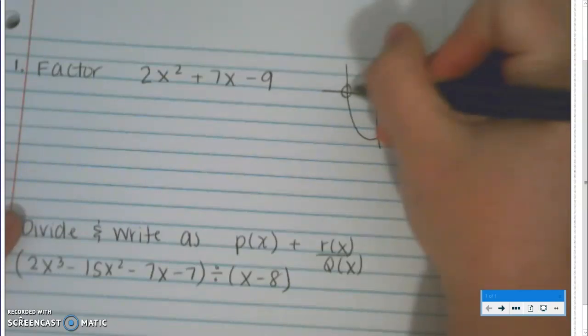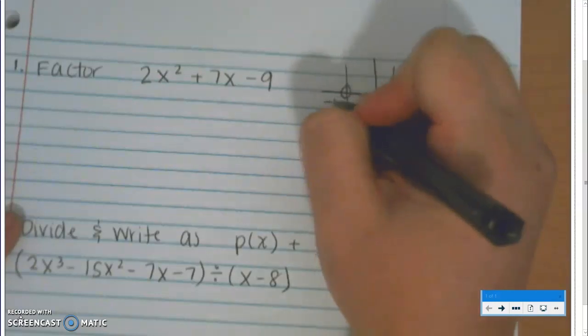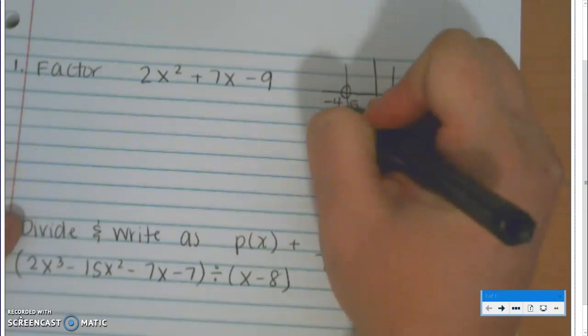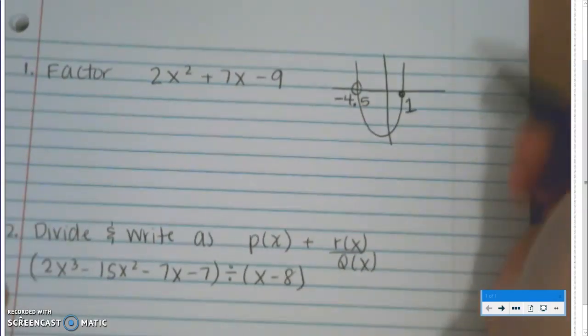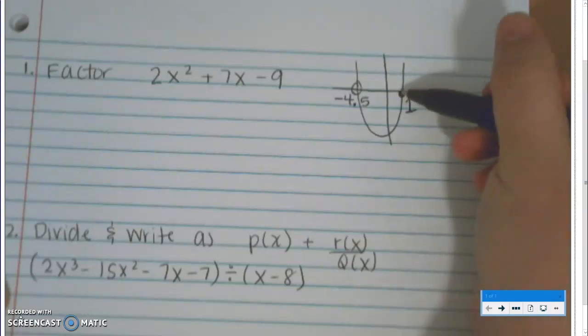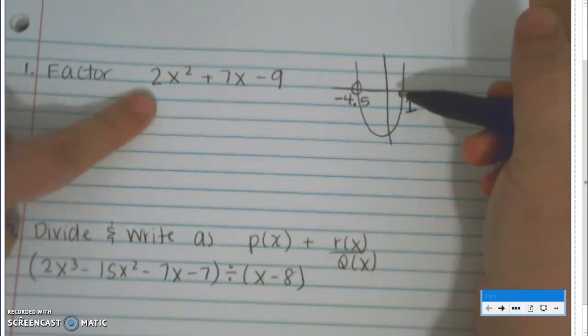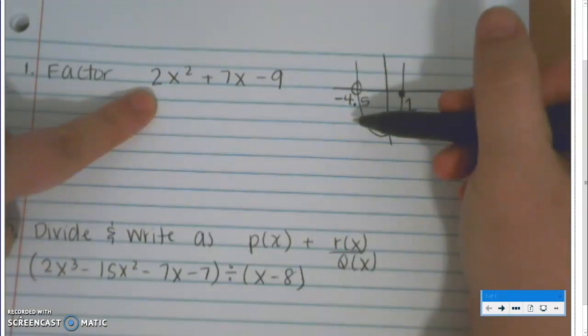This is not 1. This root should be like negative 4.5. But you can't use negative 4.5 when you're writing a factor. You can only use integers. So I can use synthetic division with this, and it will give me what that other factor is.